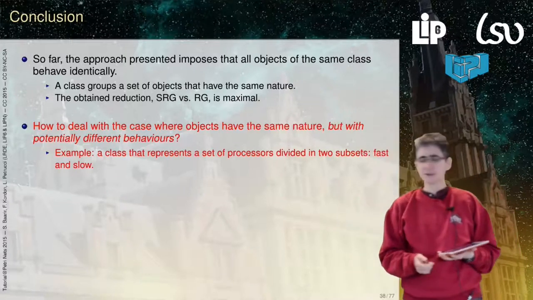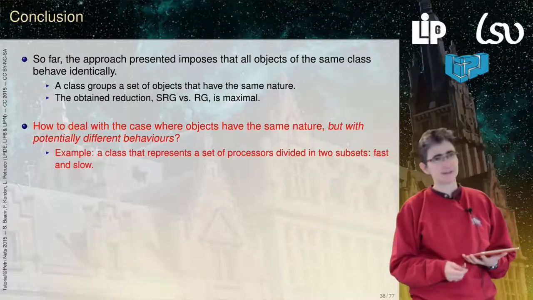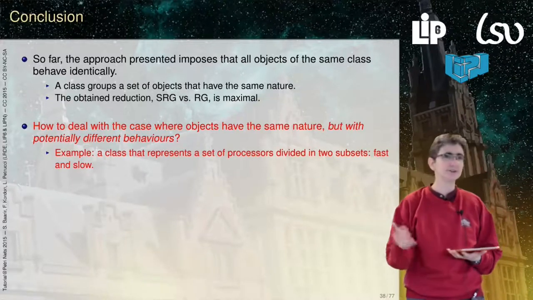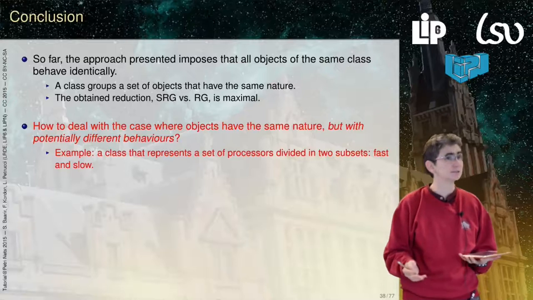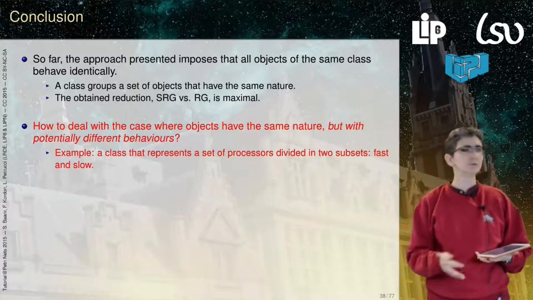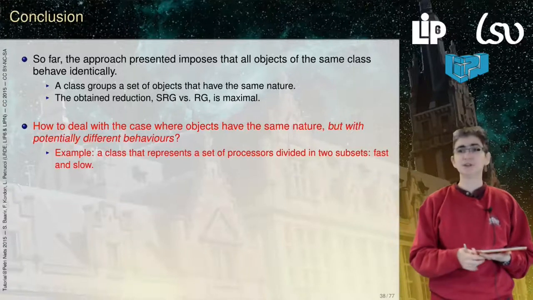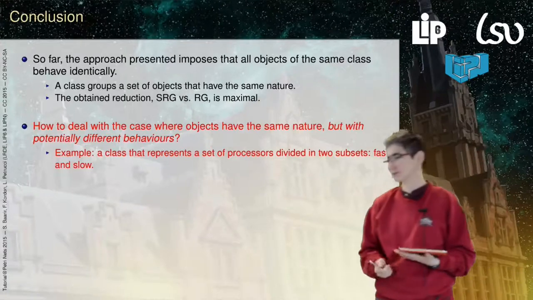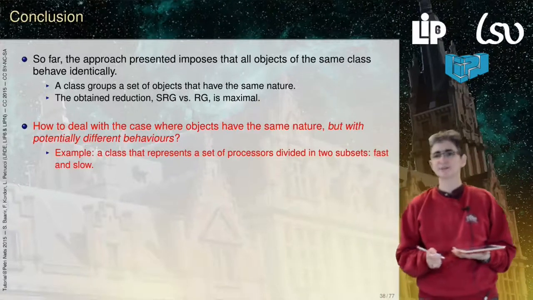For example, you could have a class that represents a set of processors divided into 2 subsets, fast processors and slow processors. They are all processors, so you would like them to be in the same set, to behave similarly, but you can imagine that the slow ones won't behave exactly the same as the fast ones.